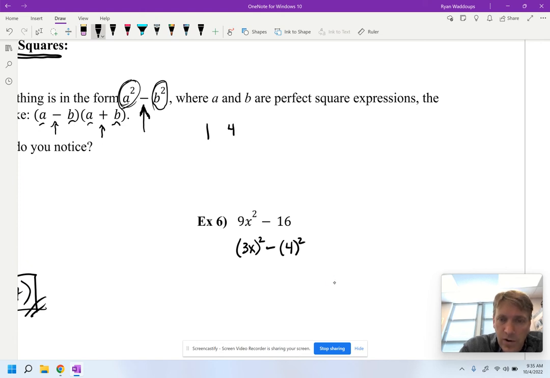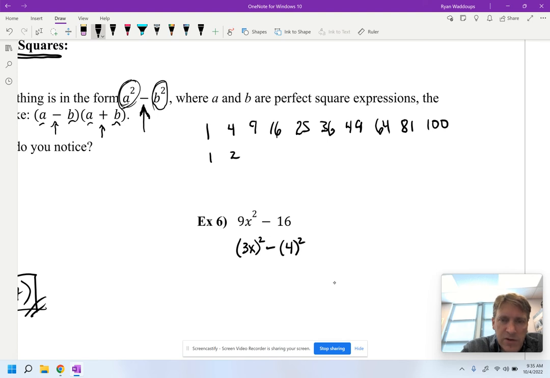And so really, this list of perfect squares is going to be your friend to recognize the perfect squares. 1, 4, 9, 16, 25, 36, 49, 64, 81, 100. And you could go further, but I'll stop there.